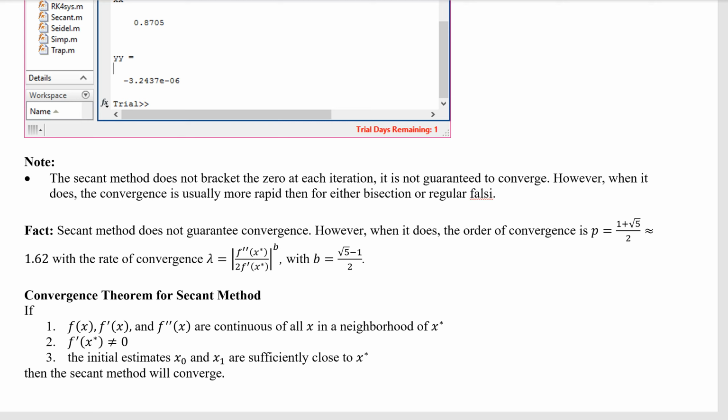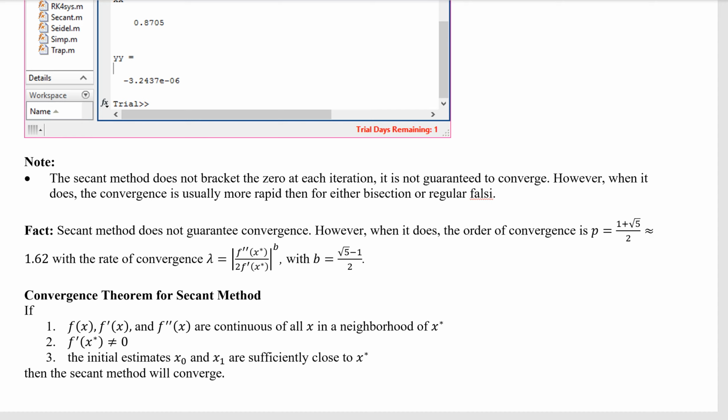Each time we separate it into 2 equal subintervals, look at which subinterval contains the zero, and divide it in half again, and again. We have an error bound: the error bound for the kth iteration equals (b minus a) over 2 to the power of k.